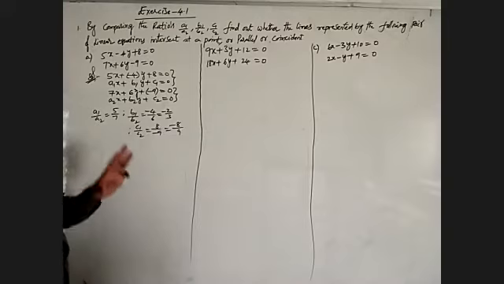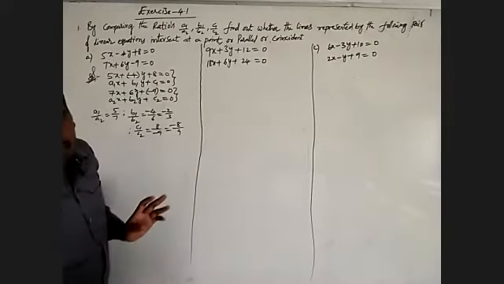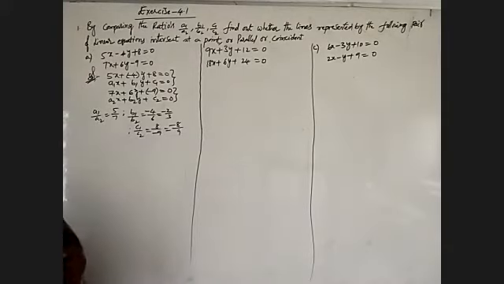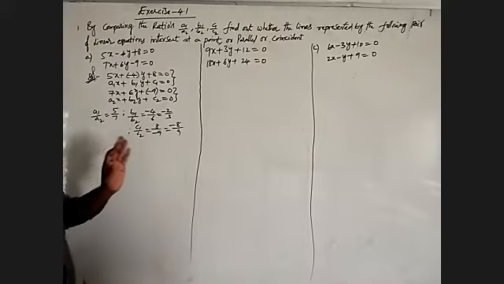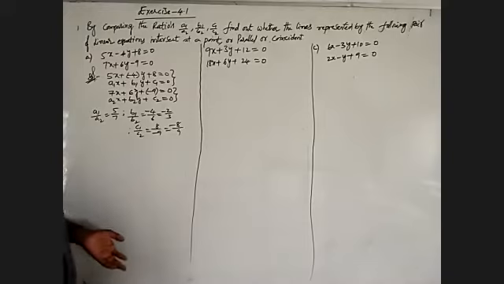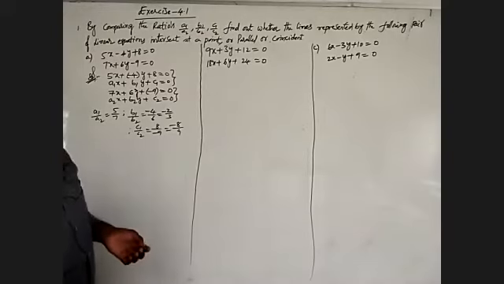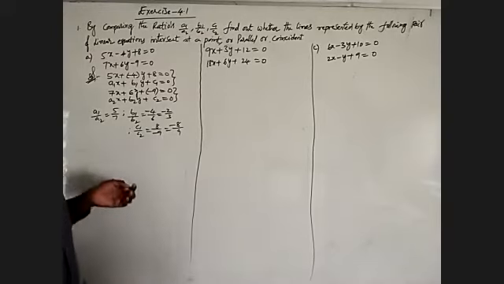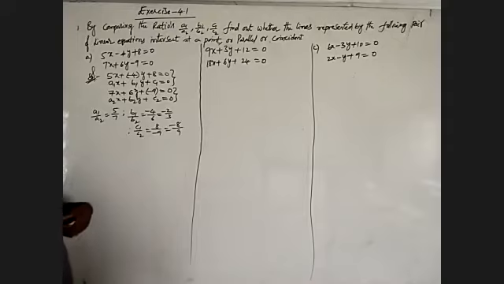Here there are three conditions. First one is a1 by a2 does not equal b1 by b2. When the given condition is not satisfied, I go to the next condition: a1 by a2 is equal to b1 by b2 does not equal c1 by c2. This condition also is not satisfied. Finally, I go to the last condition: a1 by a2 is equal to b1 by b2 is equal to c1 by c2.